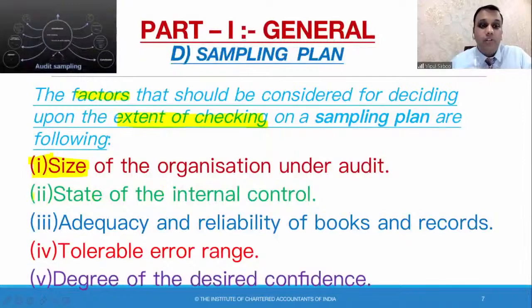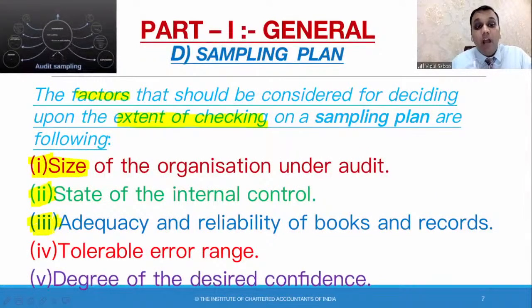Then the state of internal controls we have already covered. Controls are weak, so you cannot go for much sampling. If controls are really good, audit sampling is going to prove a boon for you if the controls are really good. Then adequacy and reliability of books and records.